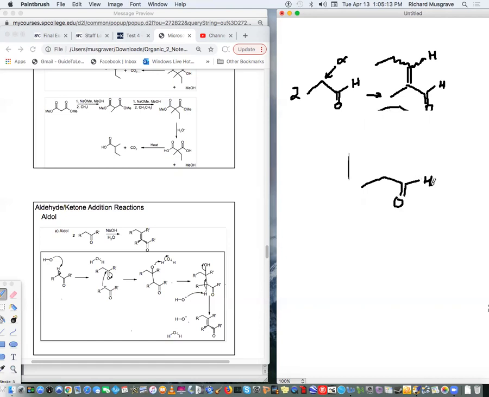So if you've got two of these compounds, you show the alpha hydrogens on one of them, and then you draw the other one above it with the C double bond O. And what happens is if you take the two hydrogens and the oxygen and then you join them together, that's how you can end up getting this product up here.